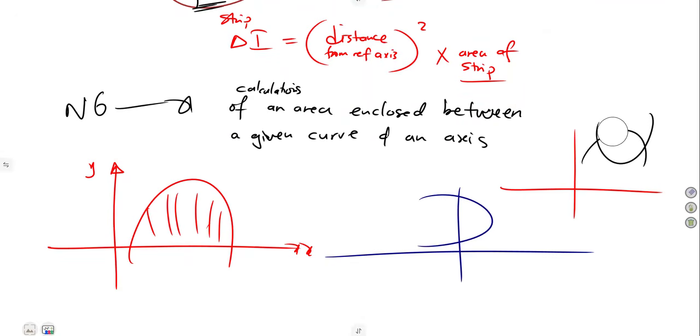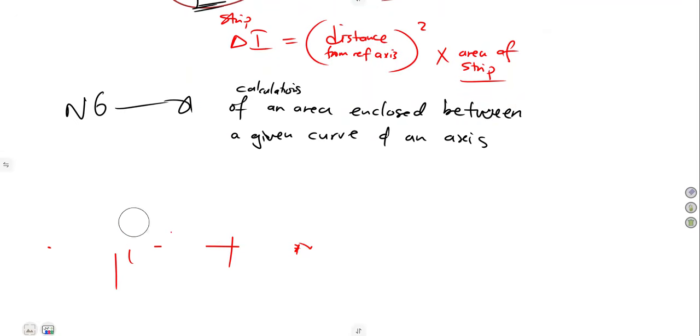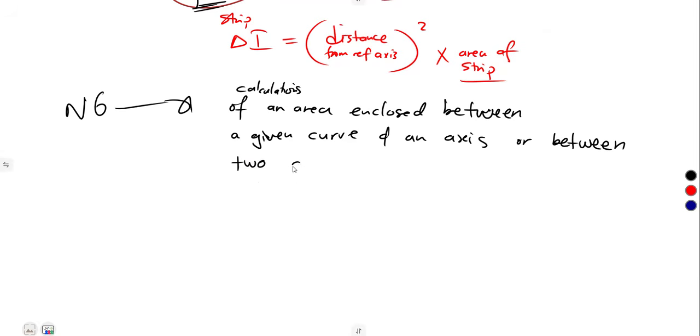So it's something between. This can also be referred to as a condition where it is between two given curves. So that is our consideration this time when we are to calculate the second moment of area.